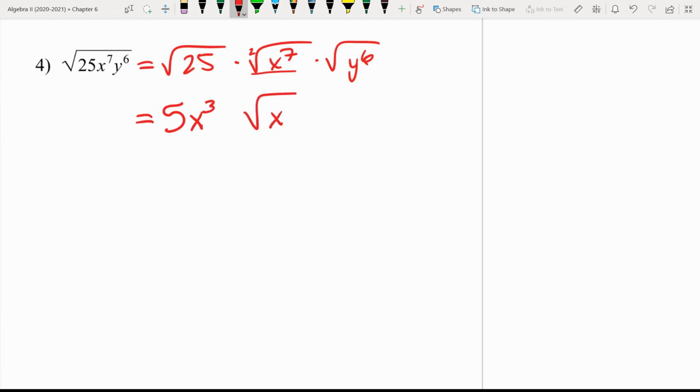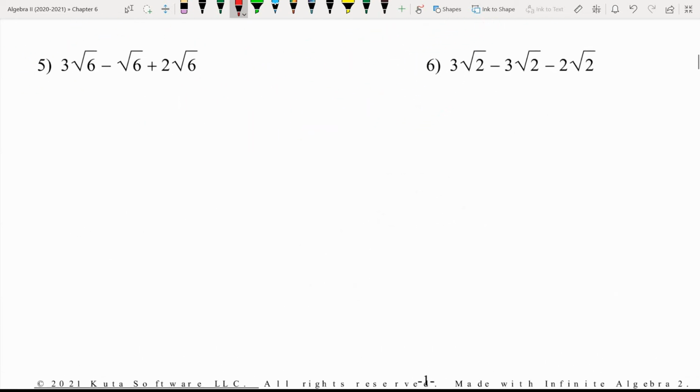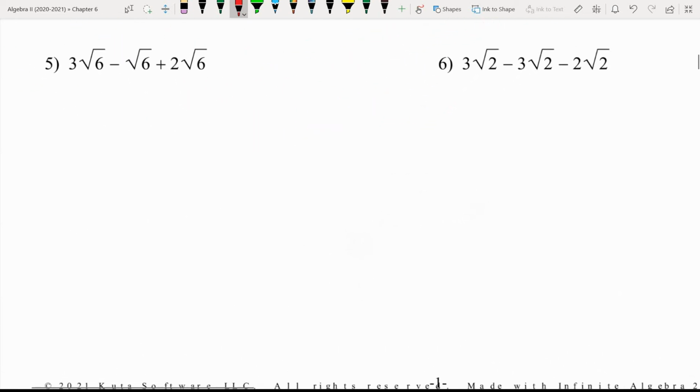I'm going to have a square root of x left over. And then when I go to the y's here, 2 divides into the 6th 3 times, so that's y cubed out here. That's it.